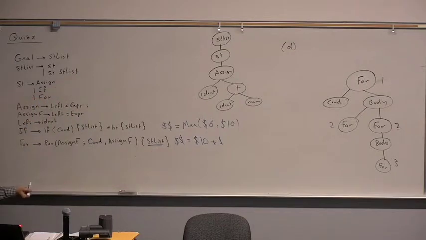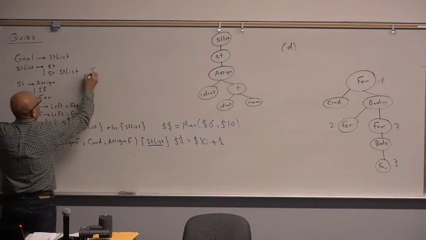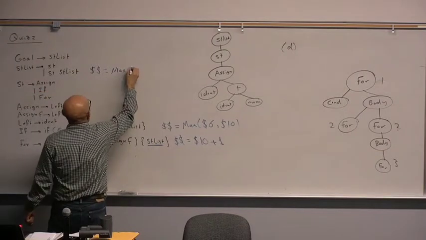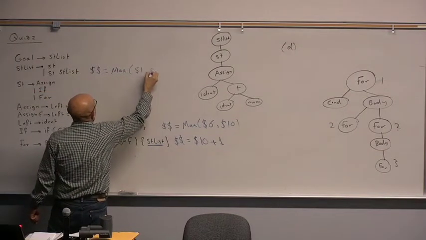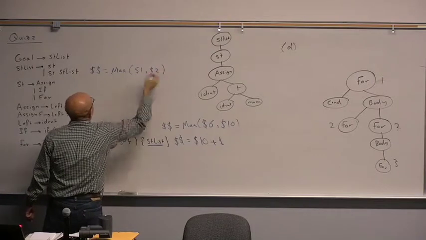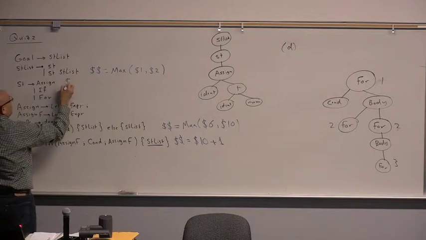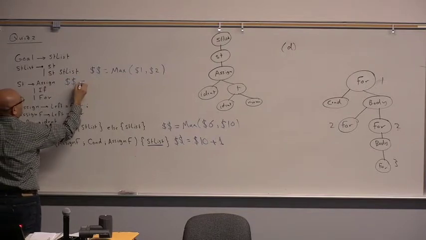And what else do we need? You still have to check the statement list. Here it's max of $1, $2. And what else? For the statement going to assignment, you want to set that to 0 because that's your base case. This is the base case, exactly. So this is recursive, basically.